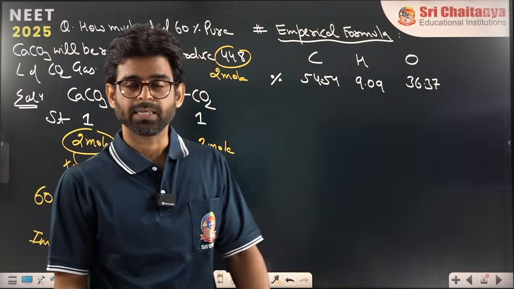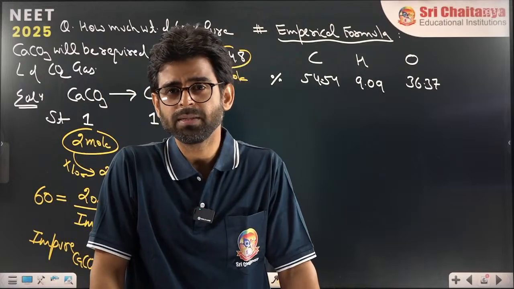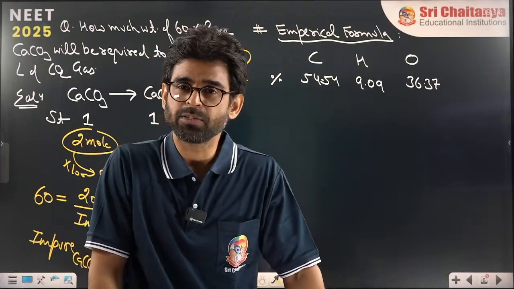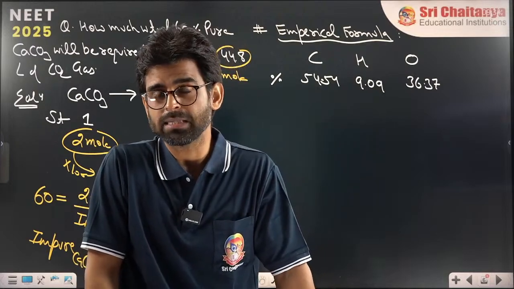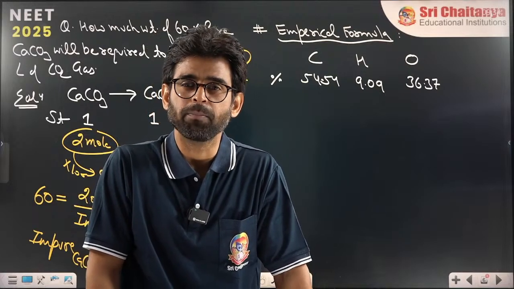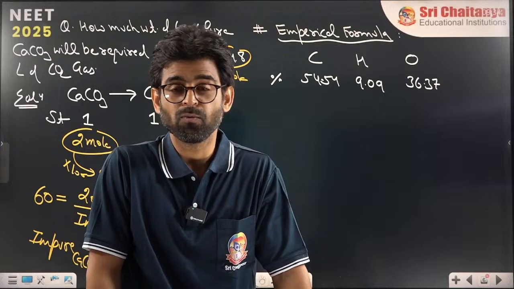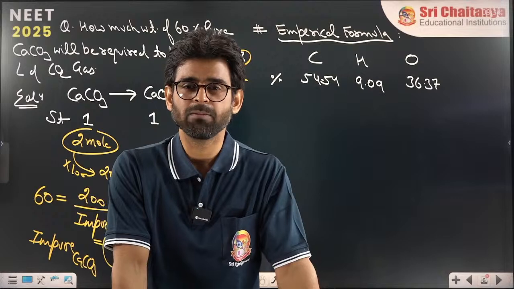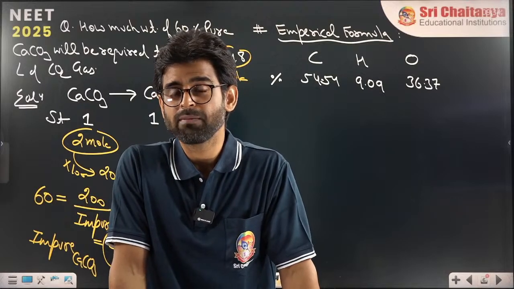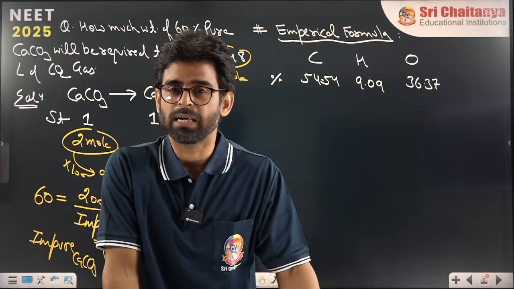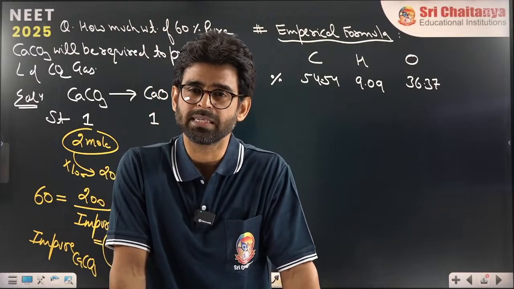They are saying a compound made up of carbon, hydrogen, oxygen contains these percentages of elements by mass, and using this find the empirical formula, right? What to do? Imagine I have 100 gram of the given compound. So in 100 gram I have 54.54 gram of carbon, 9.09 of hydrogen, and the remaining oxygen.